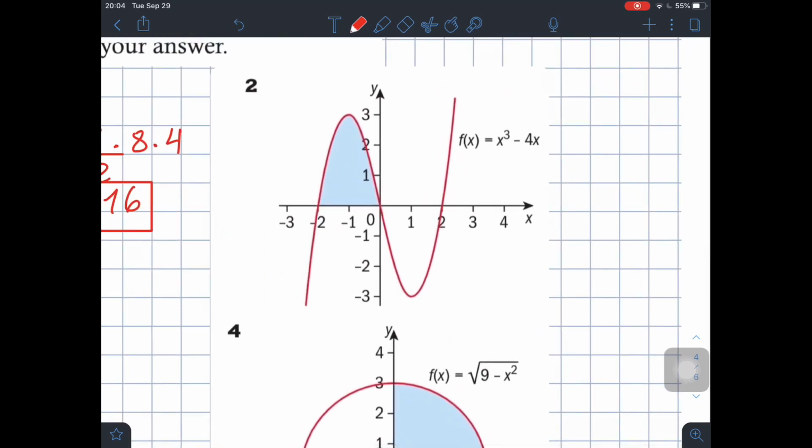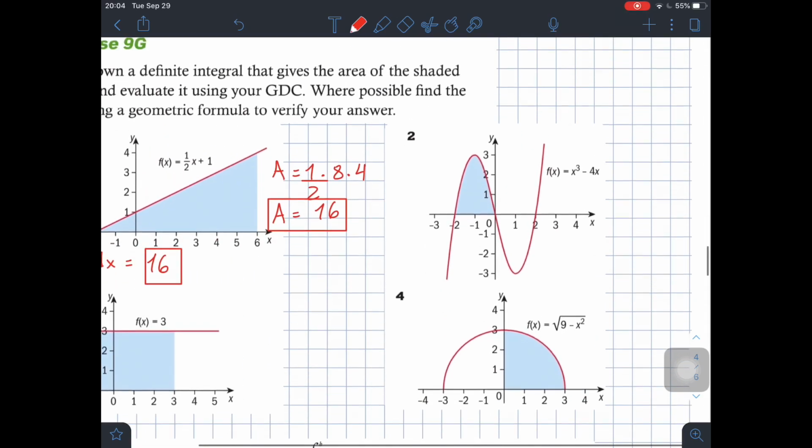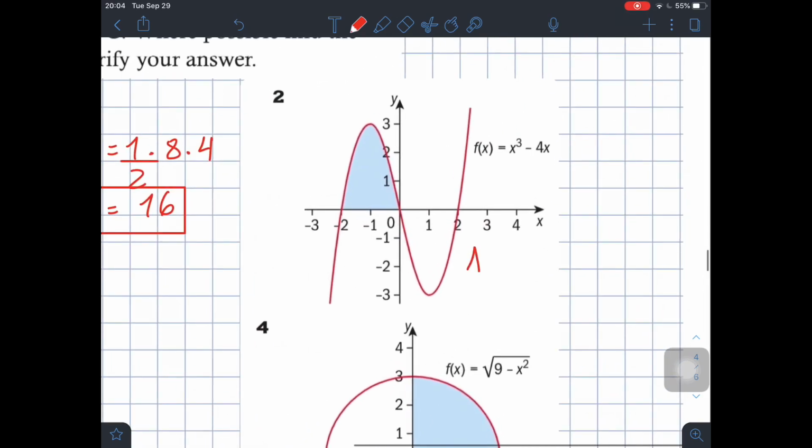Okay, so the area in this case would be the integral from -2 to 0, right? That's our -2 is our lower limit, 0 is our upper limit. Then we write the function x cubed minus 4x, and we integrate this with respect to x.